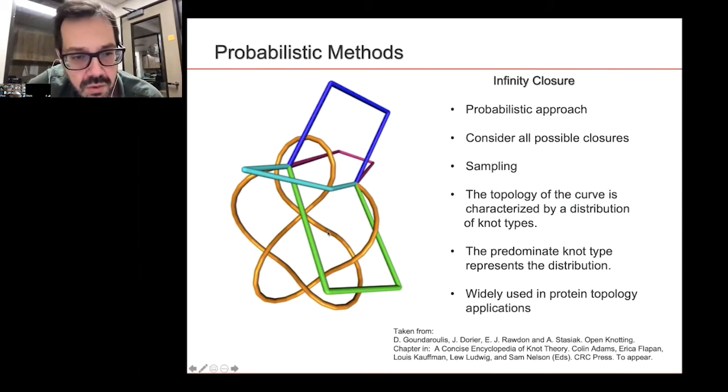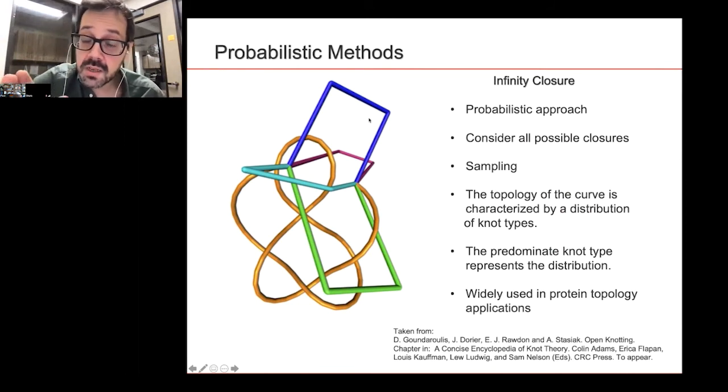So the infinity closure is the following. You consider that your curve is centered in a large enough sphere, which we can say is the convex hull of the curve, in mathematical terms. Now, we have the endpoints, and each point of the sphere that encloses the curve represents a direction towards which I extend rays from the endpoints, and these rays should be parallel.